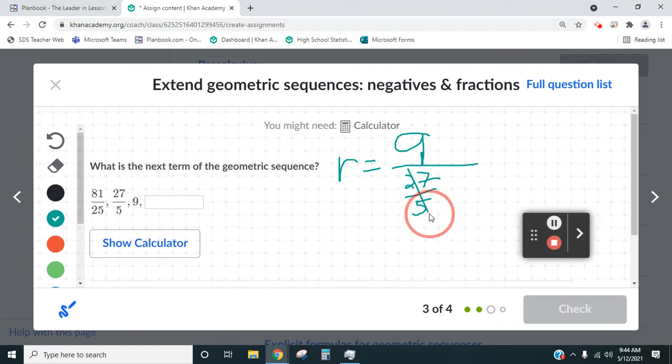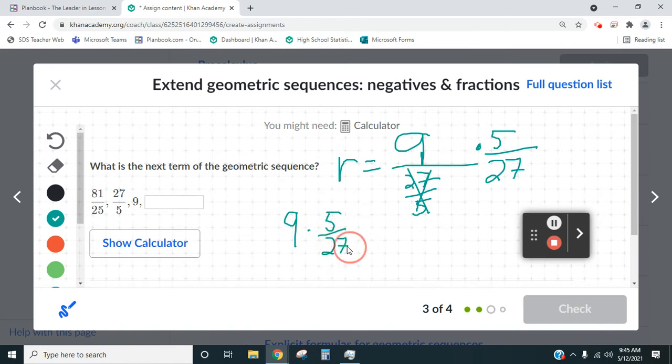Flip and times. Now, we did something like this long ago, actually.